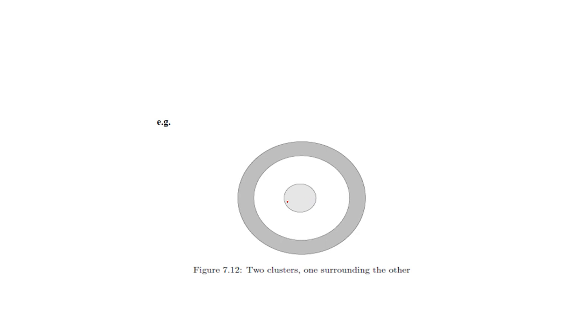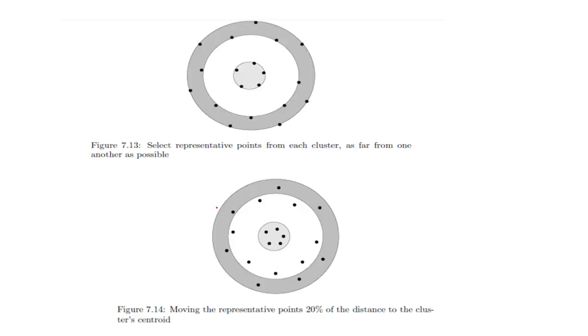These are two clusters, one surrounding the other, and as you can see, these are the representative points. This is the first cluster, this is the second cluster, but the points lie on the boundary. As the title suggests, 20% is a good fraction.